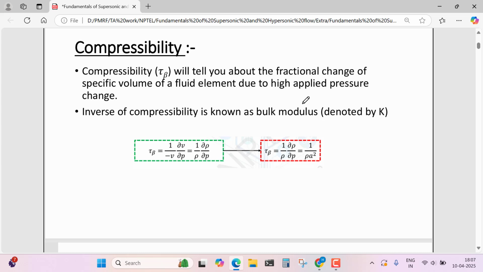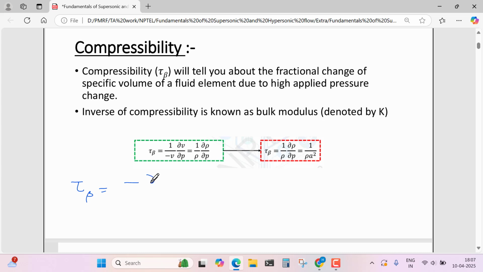Compressibility, which is denoted by tau beta, will tell you about the fractional change of specific volume of a fluid element due to an applied pressure change. So what is tau beta?